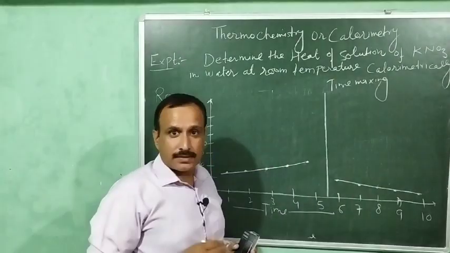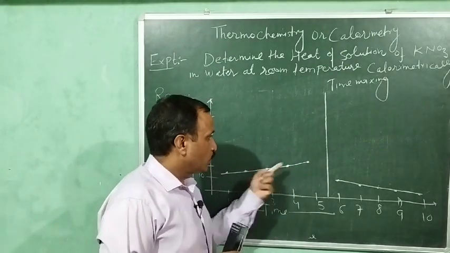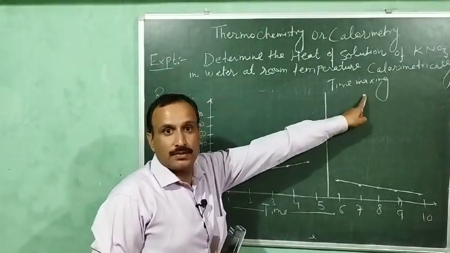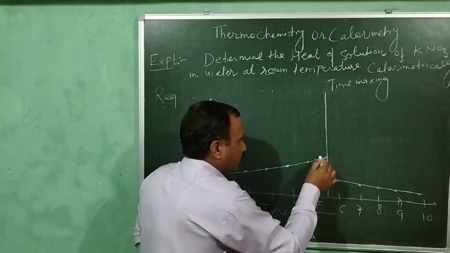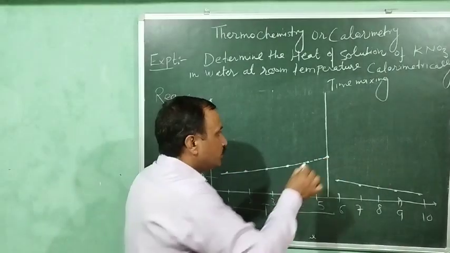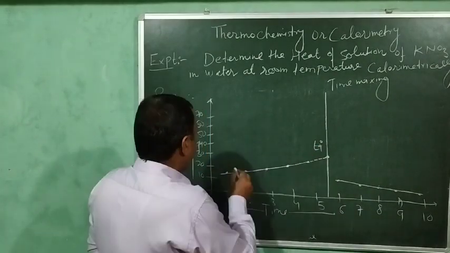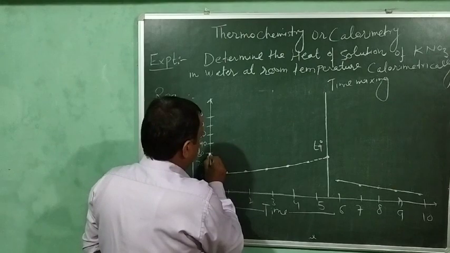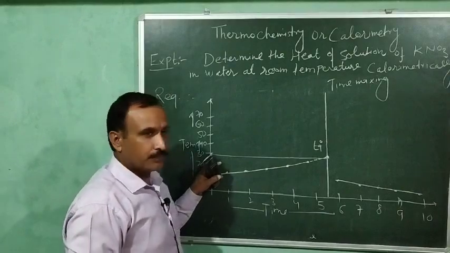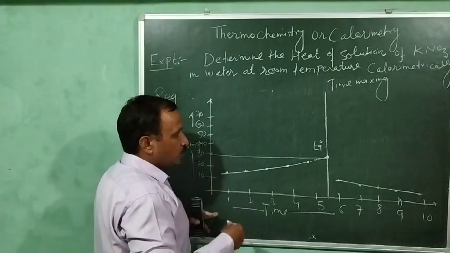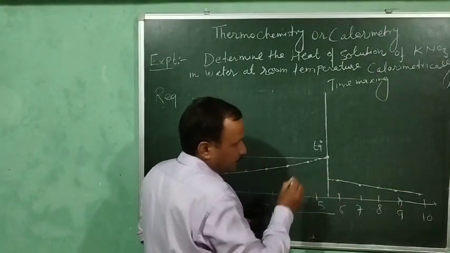Okay, then as I explained in my previous video, we will extrapolate these lines to this vertical line indicating time of mixing, and then we will extrapolate this line, okay, and it touches this vertical line here. So this will be the temperature of your cold water, that is T4 degree Celsius, and we can read it from here, okay, by just drawing a line which cuts the y-axis here. Understood? And likewise we can calculate the temperature of solution by extrapolating this line to this vertical line like this.